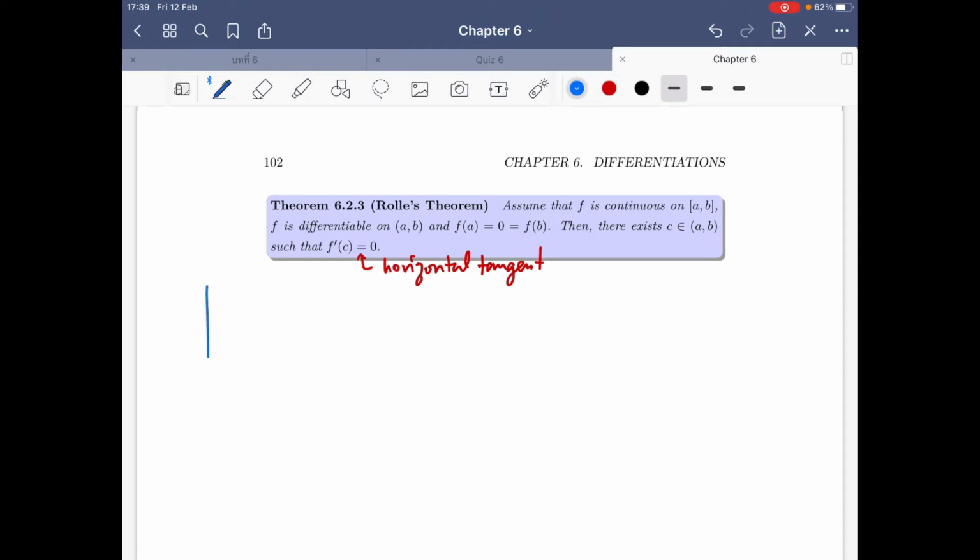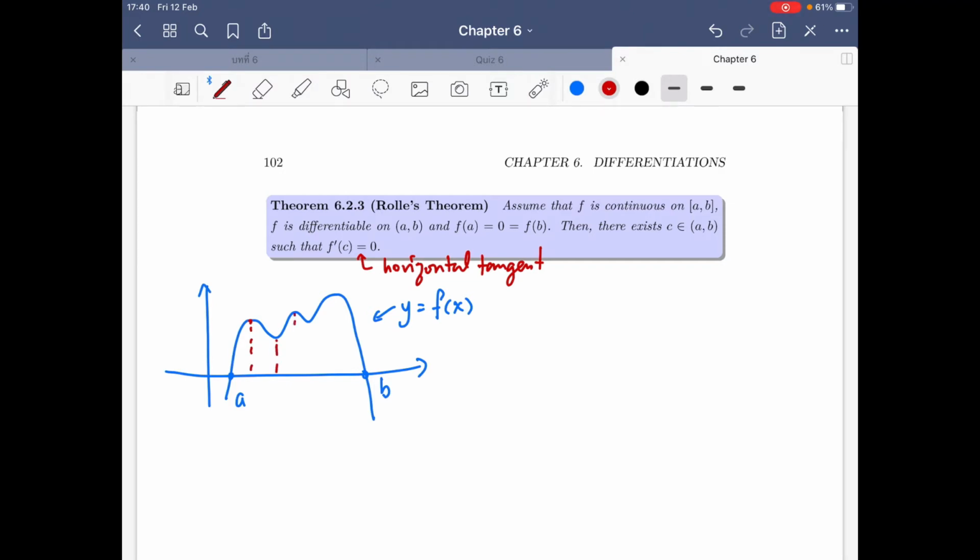So basically what we're talking about is that if we have this kind of interval (a, b) and y = f(x) has this kind of curve, which is continuous and also differentiable, you can find a point c where the tangent line is horizontal.